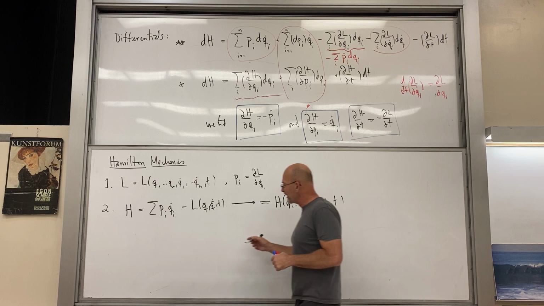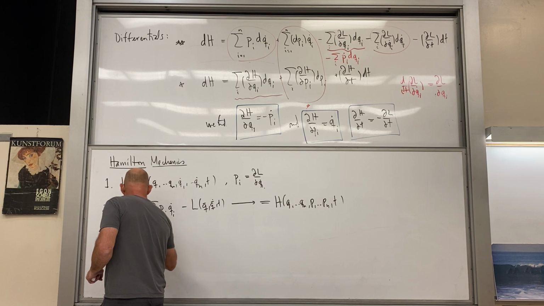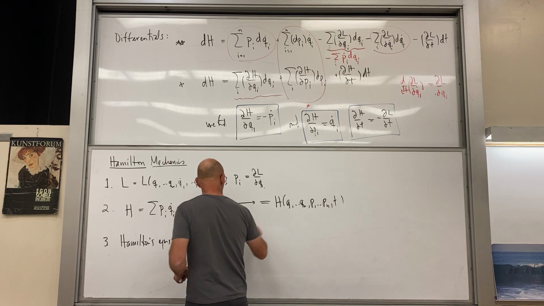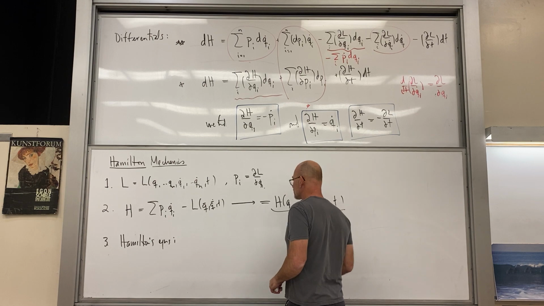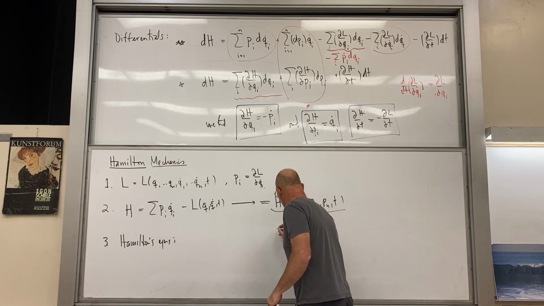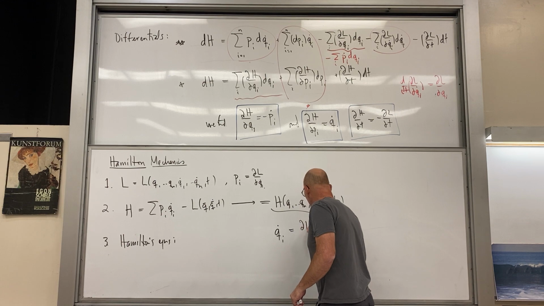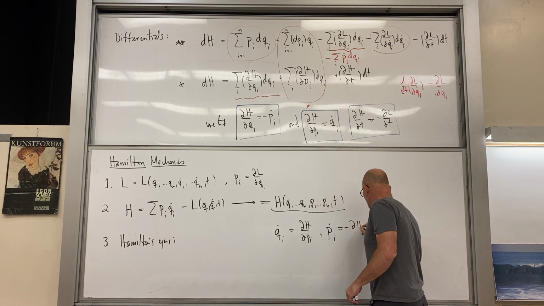So once you have that, then your new equations of motion, Hamilton's equations, are, so yeah, you have this Hamiltonian here, and I'll go ahead and write Hamilton's equations right under here. So you have q_i dot is equal to ∂H/∂p_i. p_i dot is equal to minus ∂H/∂q_i.